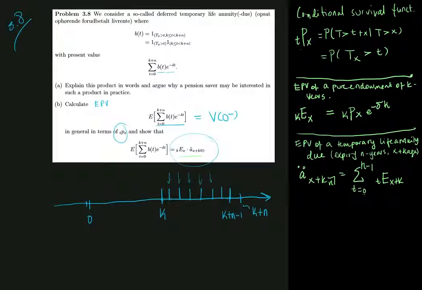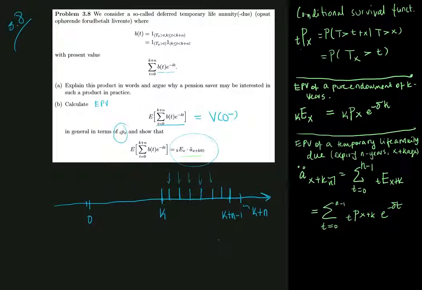Then a temporary life annuity due is essentially just a sum of pure endowments. So this thing here, if I write in the definition of the expected present value of the pure endowment, would then be the sum from 0 up to n minus 1 of tpx plus k multiplied by e to the minus delta t.